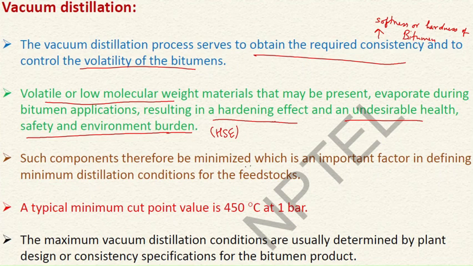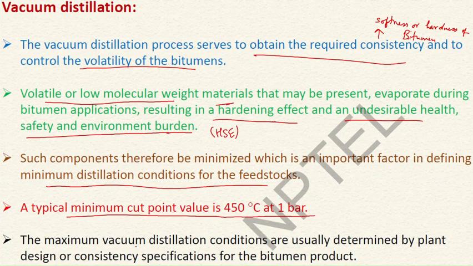Such components should therefore be minimized, so these low molecular weight components should be very low in bitumen. This is an important factor in defining the minimum distillation condition for the feedstock. A typical minimum cut is 450 degrees C at 1 bar, and maximum vacuum distillation conditions are usually determined by plant design or the consistency specifications, that is the hardness or softness of the bitumen required.